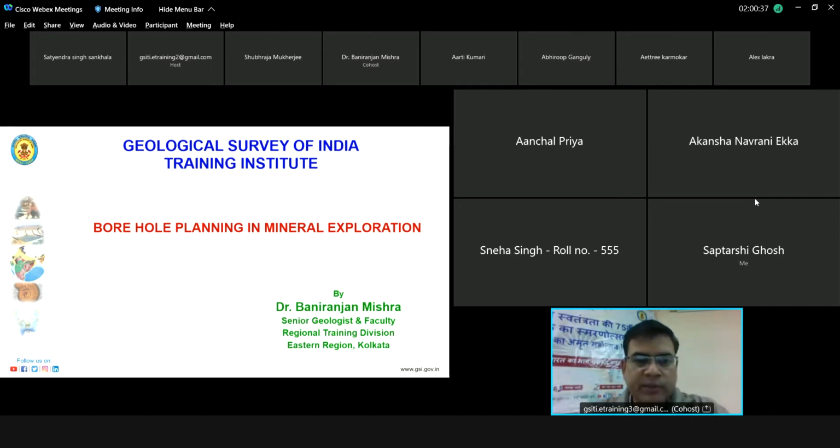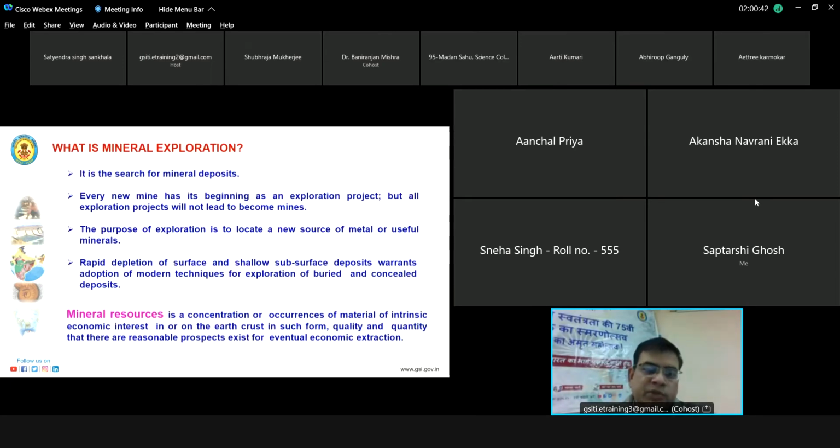First, we will concentrate on borehole planning in mineral exploration. So what is mineral exploration? It is the source of mineral deposits. In order to call it a deposit, we first have to do prospecting, where we search for the minerals and decide which terrain we should search. It comes from mapping projects, geochemical mapping, geophysical mapping and geological mapping.